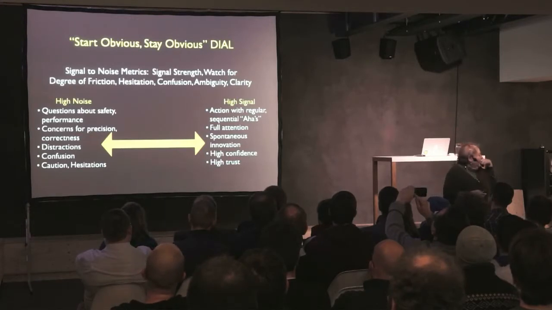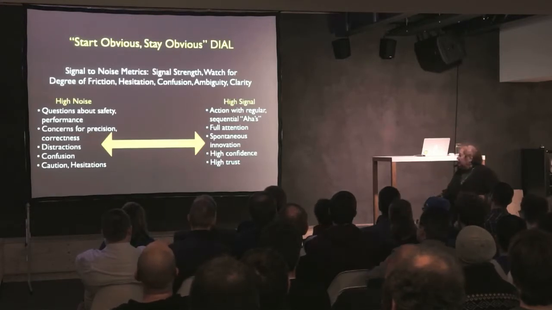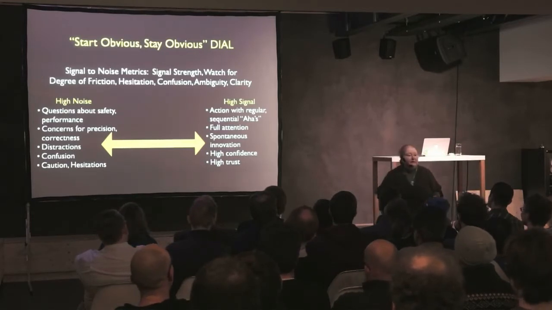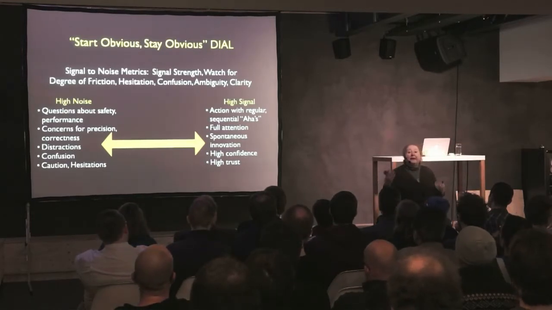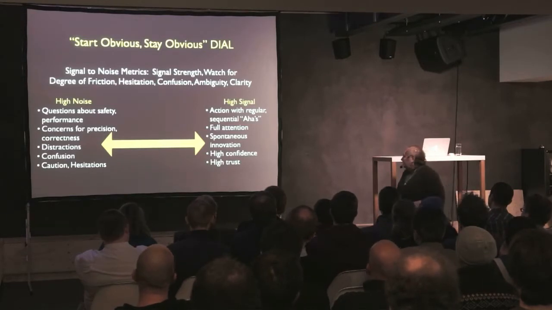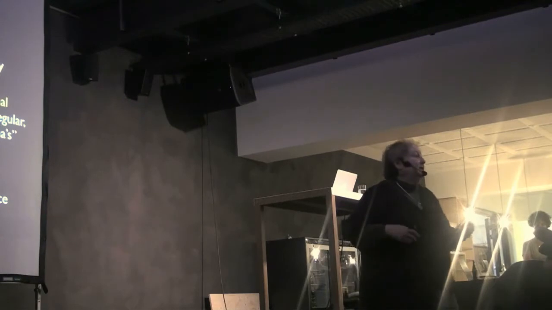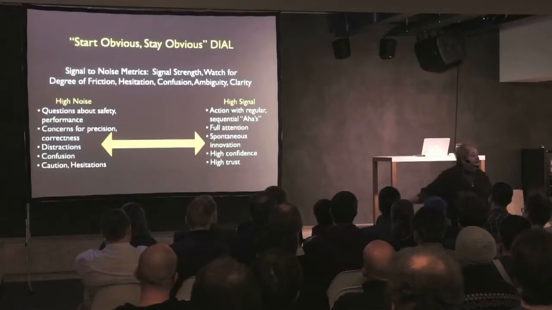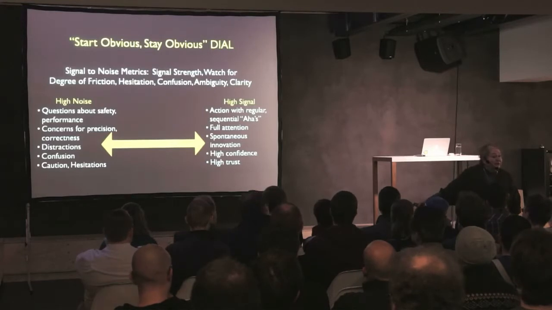Oh, now I understand. Their attention is fully engaged with the learning. They are spontaneously innovating new ways to do a thing. Confidence is building, trust is building. Those bottom two bullets are confidence and trust. It's not obvious enough, right?